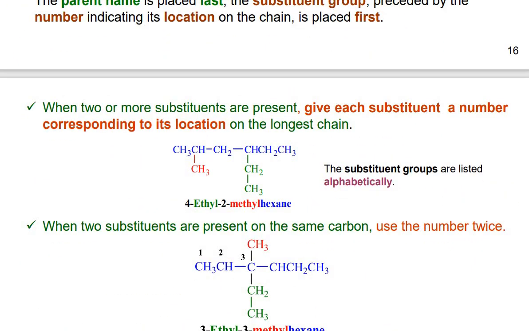When 2 or more substituents are present, give each substituent a number corresponding to its location on the longest chain. So you can see 4-ethyl 2-methylhexane. The substituent groups are listed alphabetically. When 2 substituents are present on the same carbon, use the number twice.